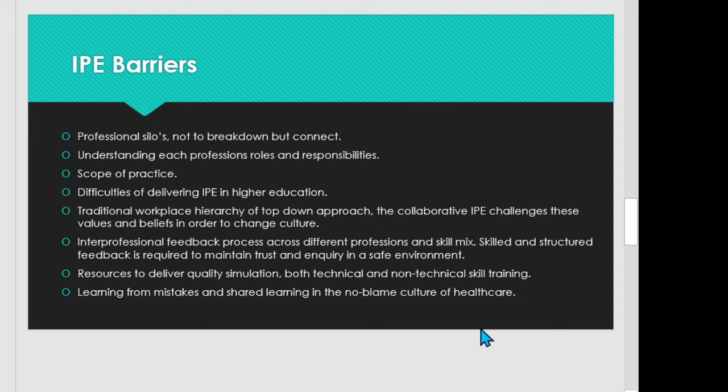Then you have your interprofessional feedback process across different profession and skills mix. Skilled instructor feedback is required to maintain trust and inquiry in safe environment. So kani siya feedback, no?